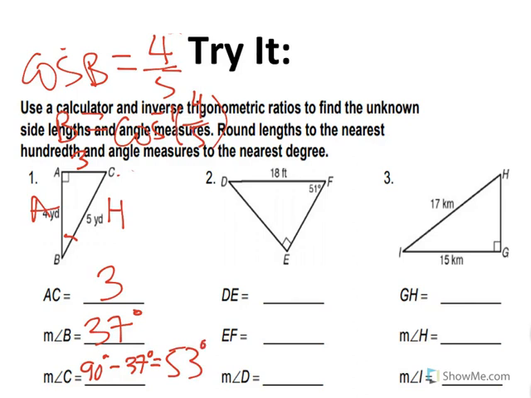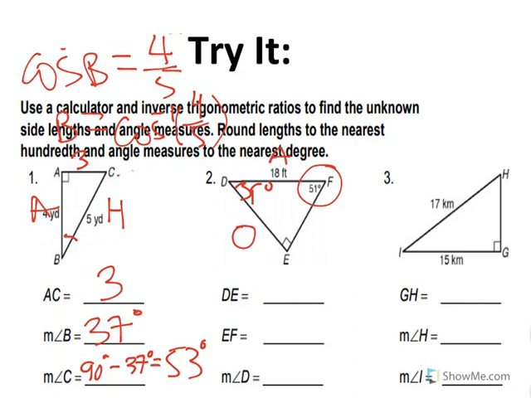Right. Okay, let's go to number 2. So we're given that F is 51 degrees, we can solve for D. So D, you take 90 minus 51. So this gives us 39 degrees, right? Okay, so we're observing from F, so we're solving for DE, so then this is opposite and adjacent.